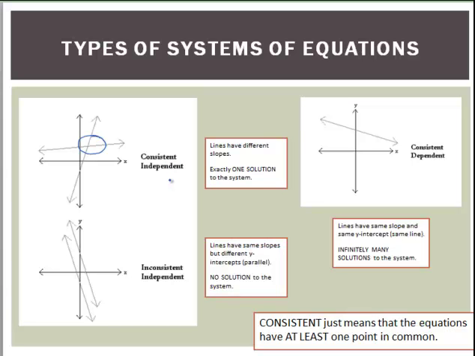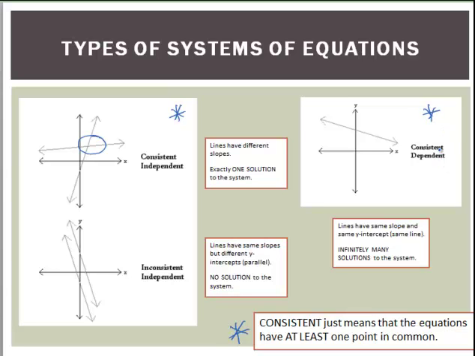Now there's another type of consistent system, and that's this kind, where you graph one line, and when you graph the other line, it lies exactly on top of your first line. Consistent just means that the equations have at least one point in common. So that's why these two are called consistent.